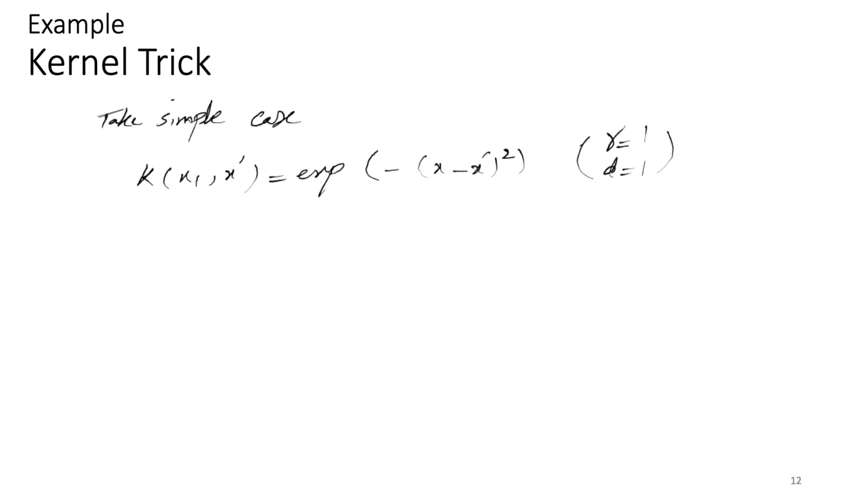Let's take a simple case in which omega is 1 and the dimension is 1 as well. So you're going to have to compute the exp of minus (x minus x prime) squared, right?